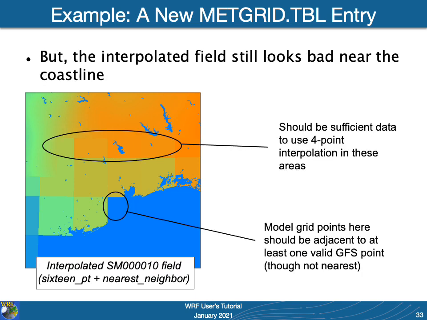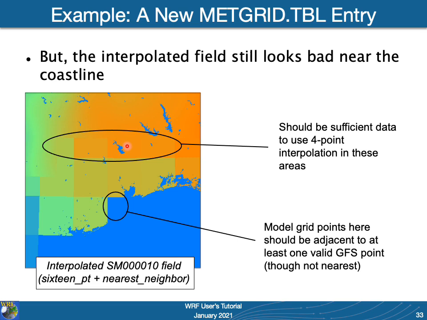Now we can try to improve upon the interpolated results by adjusting the METGRID table based on a few observations. So firstly, there are parts of our model domain that might not have a 4x4 grid of valid GFS points, but some of these grid points here might have a 2x2 grid of valid GFS data surrounding them.